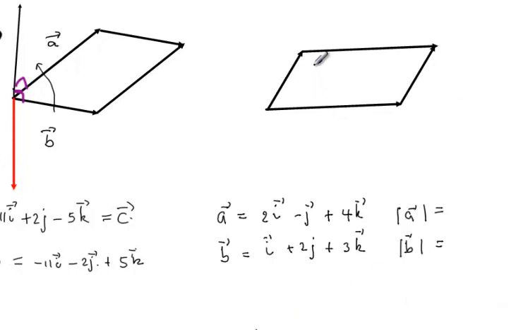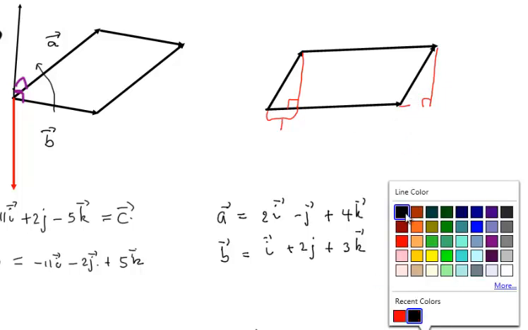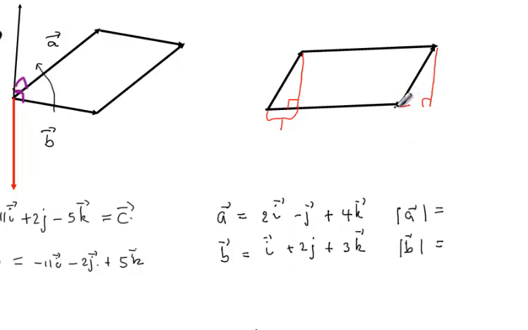Now, what I'm trying to show you, just to show you that what you did there is wrong, is that if you drop a perpendicular here, you might as well drop a perpendicular there. And this right angle is the same right angle. Now, if you transport this segment, it will be the same segment there.